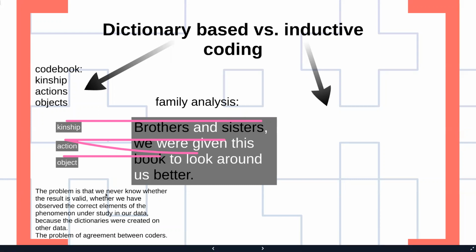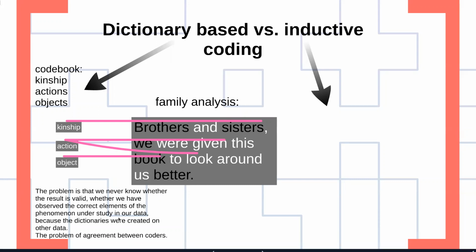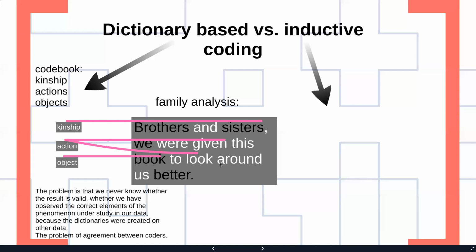So validity is a problem here, because dictionaries were created on other data, not the real data we have here about religious practice. Also the problem is agreement between coders, because one coder can code brothers and sisters as kinship, and another coder would not.